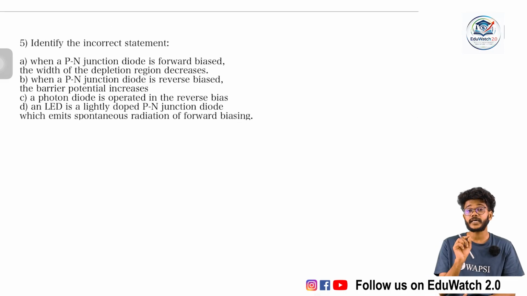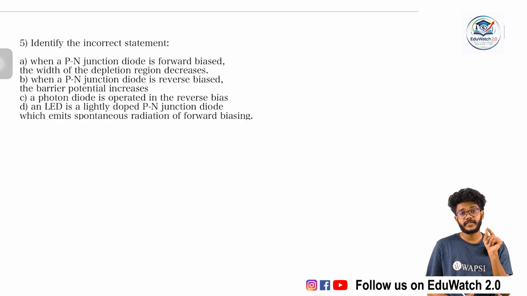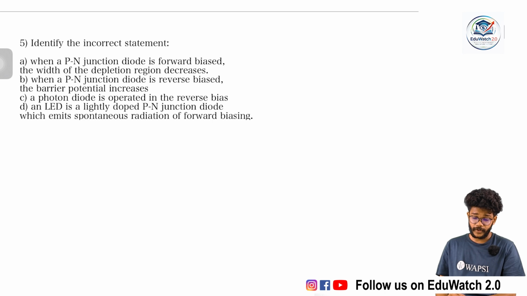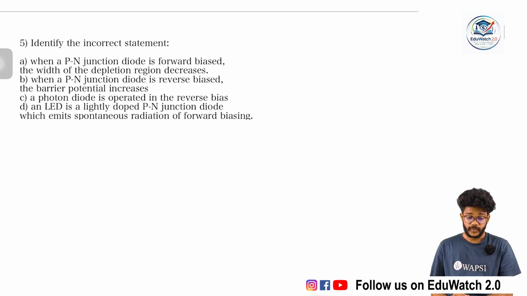Identify the incorrect statement. Okay, 4 statements are there. We want to identify the incorrect statement, but three statements are correct. So first of all, we need to find which are these three correct statements. First option: when a PN junction diode is forward biased, the width of the depletion region decreases.